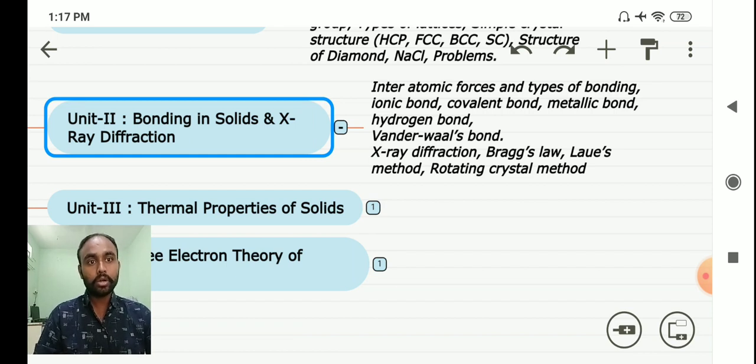In the first unit we categorized solids as crystalline, amorphous, or specifically crystalline. Next we have seen how these solids are bonded. But one may ask how you can say this atom is at 1 centimeter or 1 nanometer from that atom.